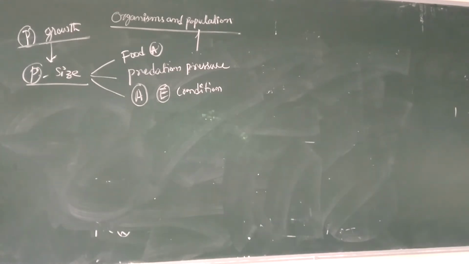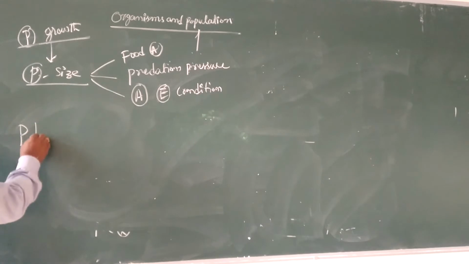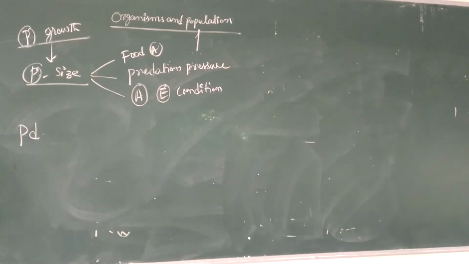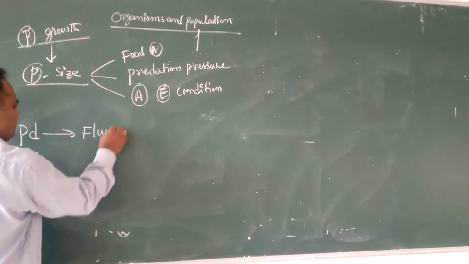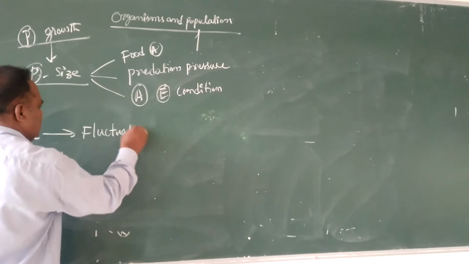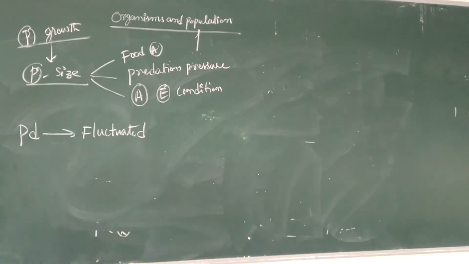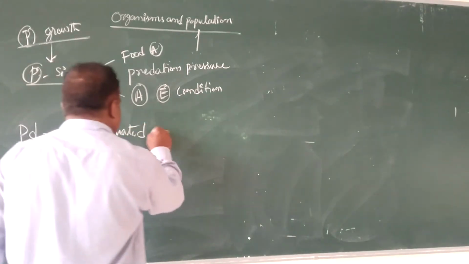Population density is fluctuated by four processes.